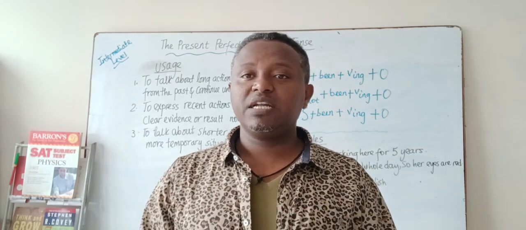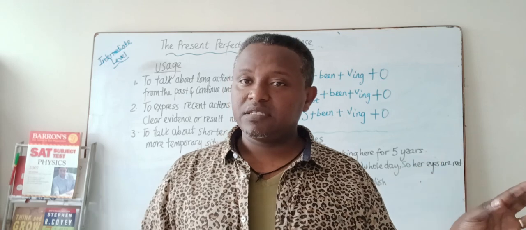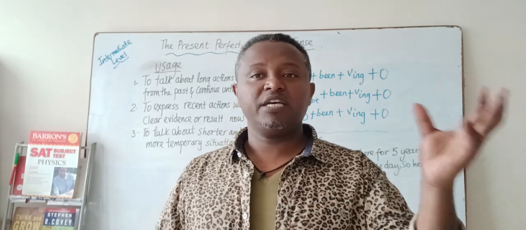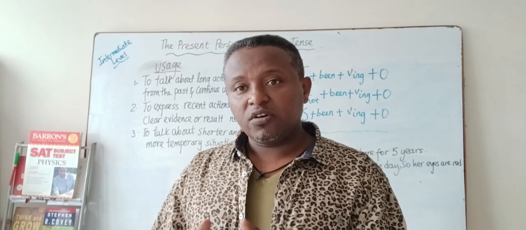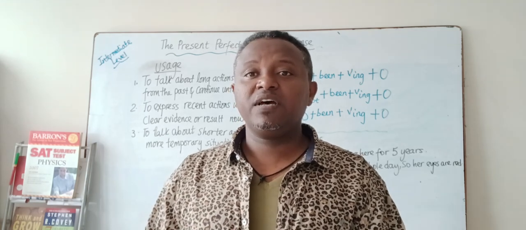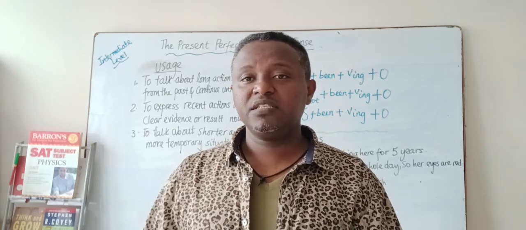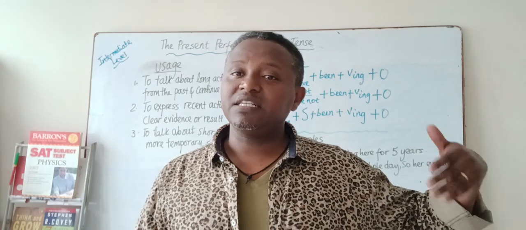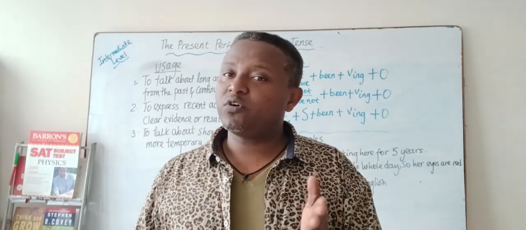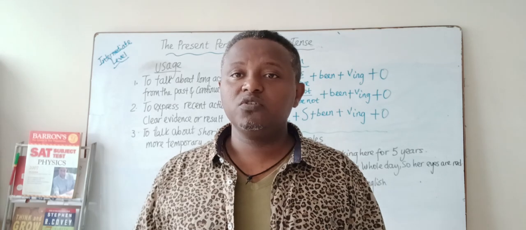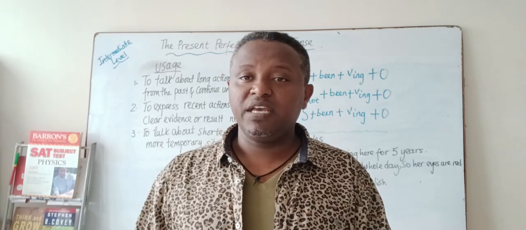To talk about an action that has been completed in the past and the result or the connection is now and is relevant, we use the present perfect tense. To talk about an action that started in the past but has some connection with now, we use the present perfect tense.